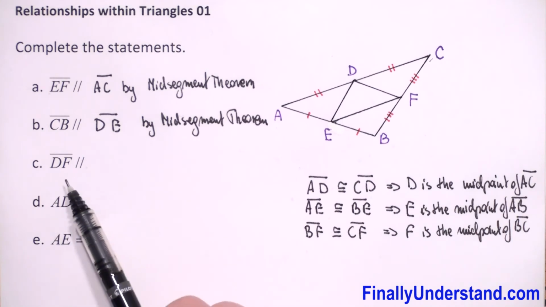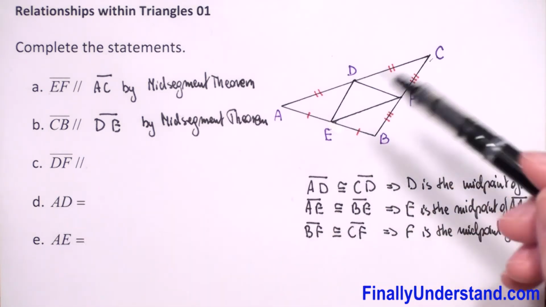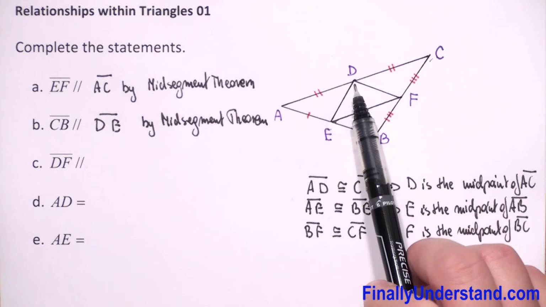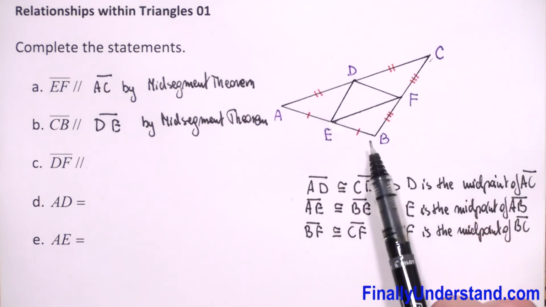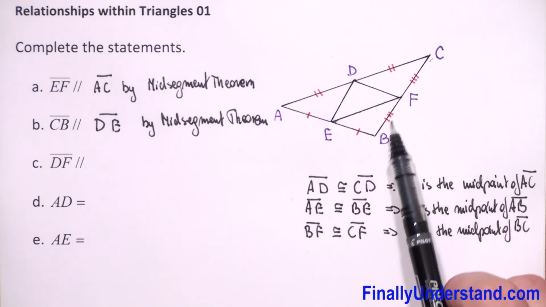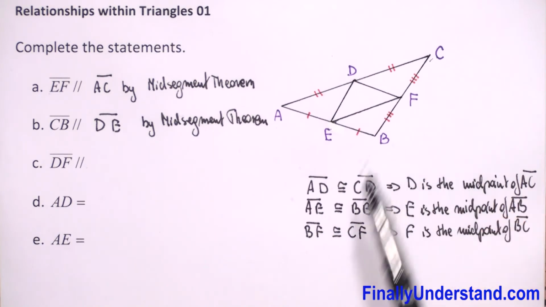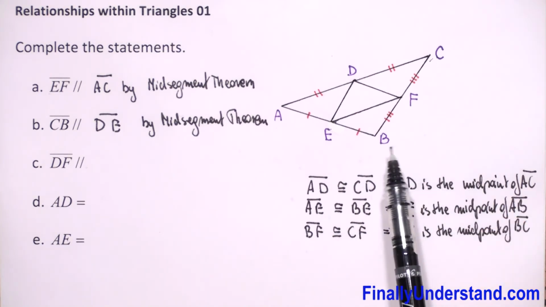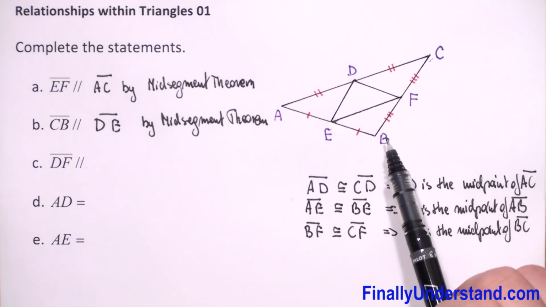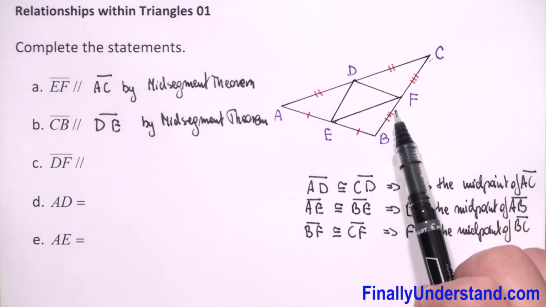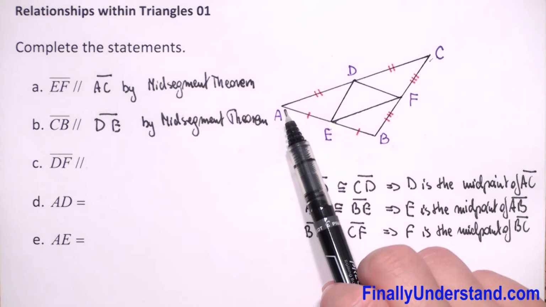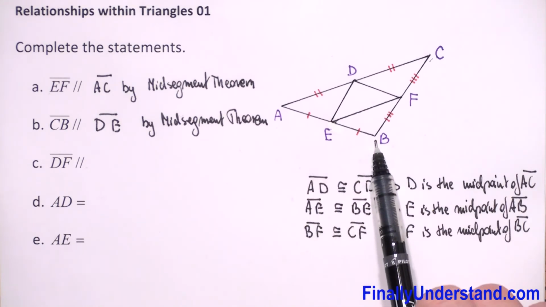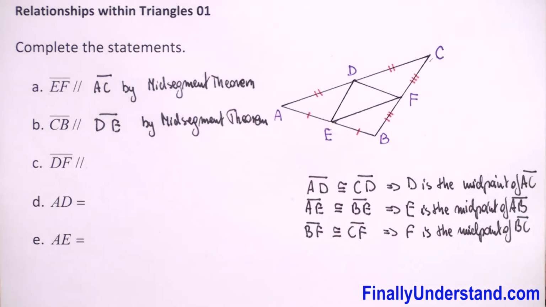Next statement, we have segment DF. We see that point D is the midpoint of AC segment and F is the midpoint of BC segment. We have given this. So it means that DF is parallel to the third segment AB by the same theorem, Midsegment Theorem.